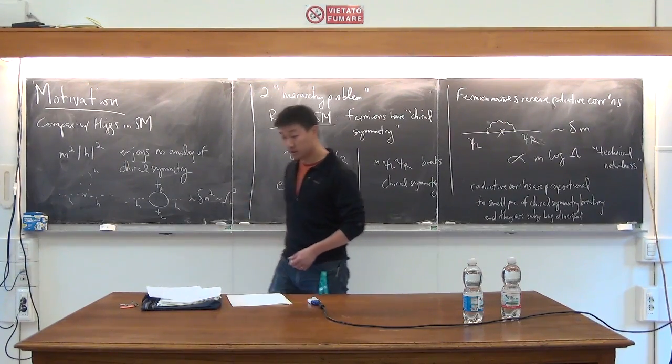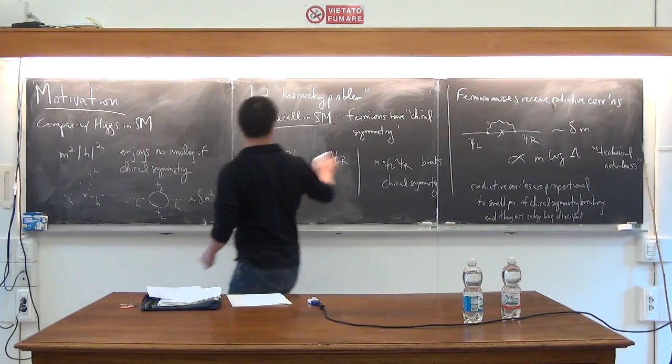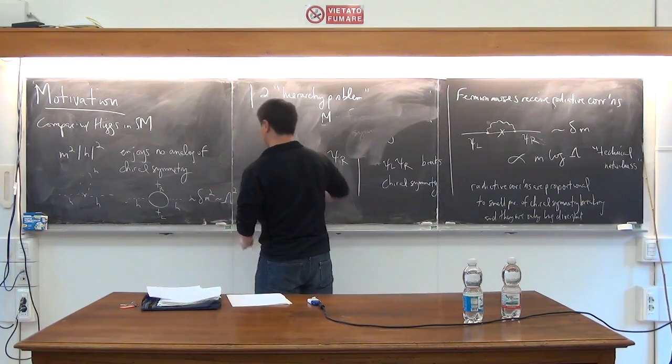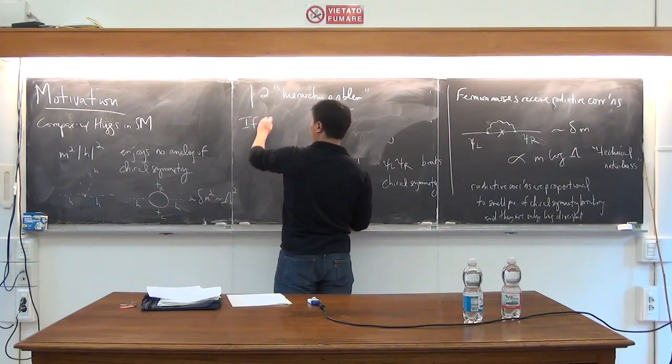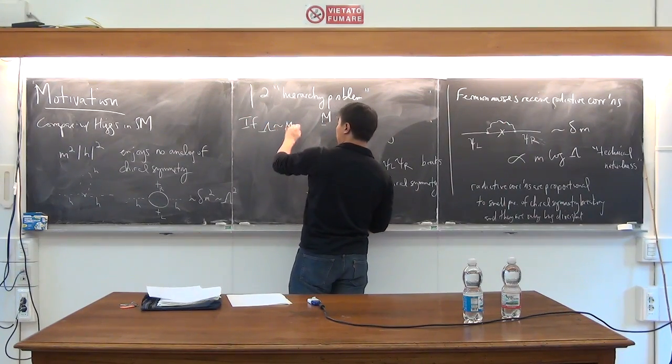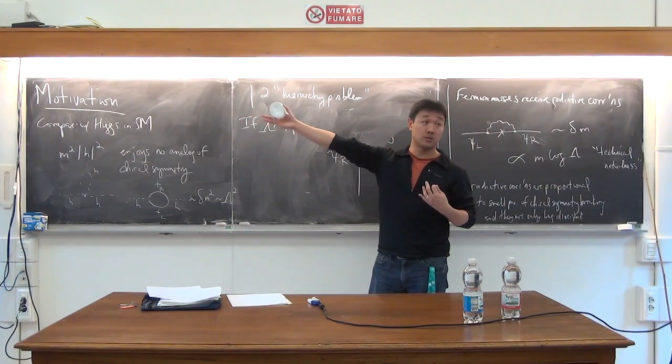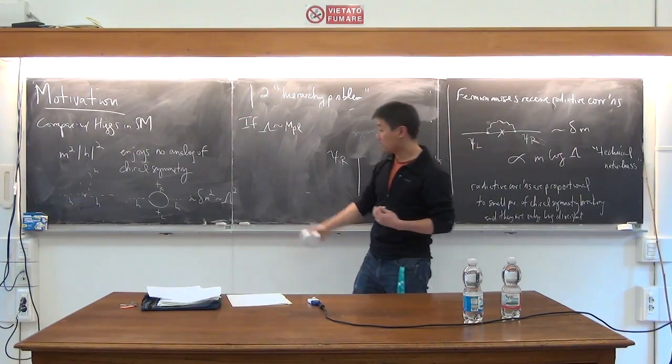So for instance, if lambda were the Planck scale, so if we wait until we get to the Planck scale to cut off this loop, well, that looks very funny.